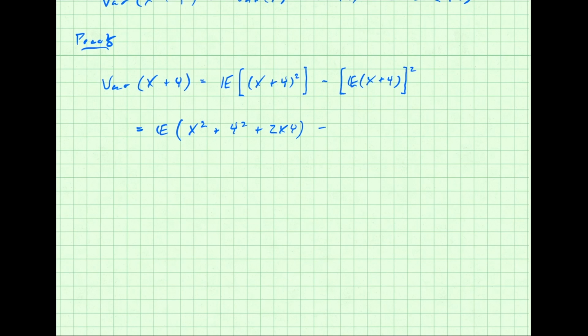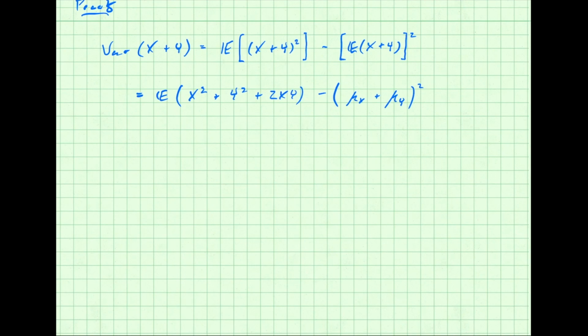right, minus the square of mu x plus mu y, right? That's the expected value of x plus the expected value of y. So I get the expected value of x squared plus the expected value of y squared plus twice the expected value of x times y.